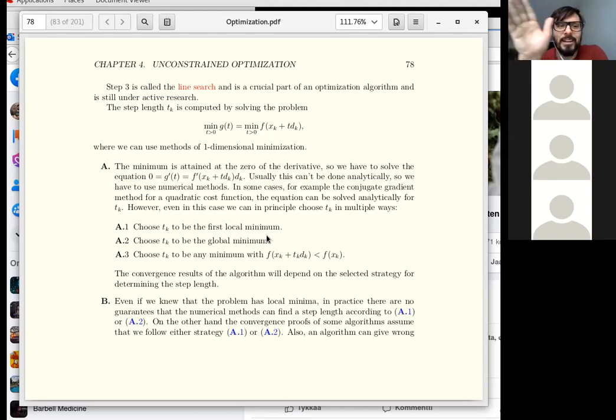Do not listen to me on that. So we know which direction we are going. We are taking the derivative of f, and we're moving to x plus t times dk. We know already that the directional derivative in that direction is the dk times the gradient, basically.